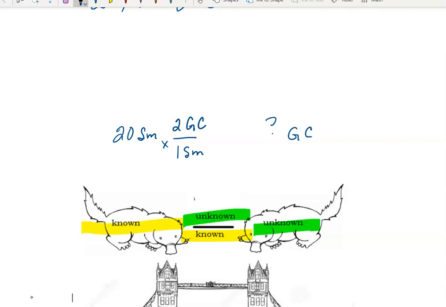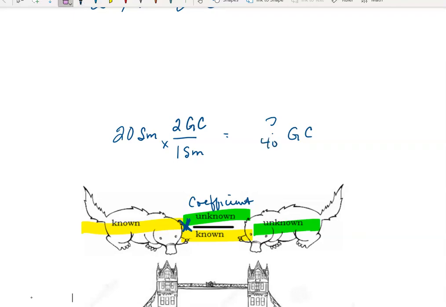So these numbers here are coefficients. All right, and there's a multiplication sign right here. So you start with what you know, and when you multiply it by that ratio, you will get the number of graham crackers. That's our unknown. That's what we're solving for, which is 40.